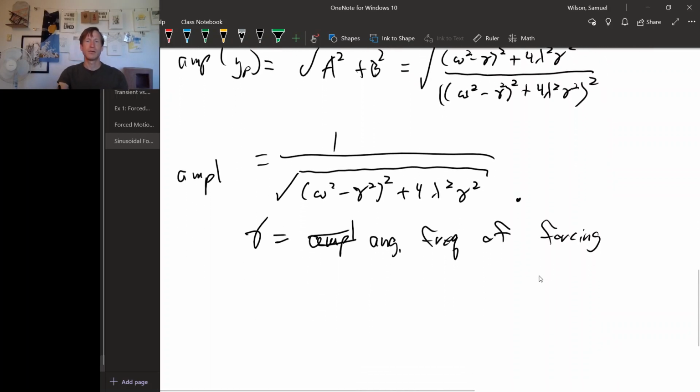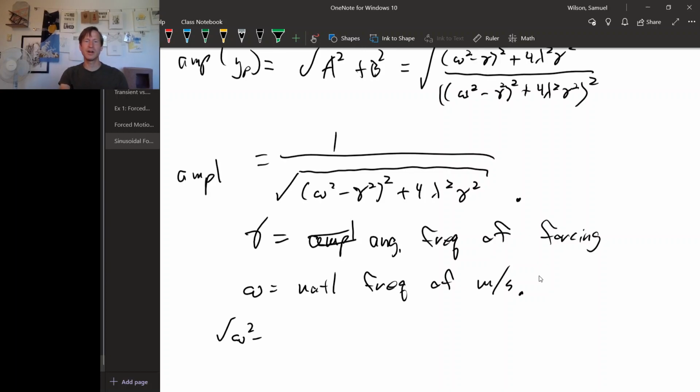And remember, omega is the natural angular frequency of the mass and spring, or the inductor capacitor. And the square root of omega squared minus gamma squared is the angular frequency of the mass and spring system with the damping.